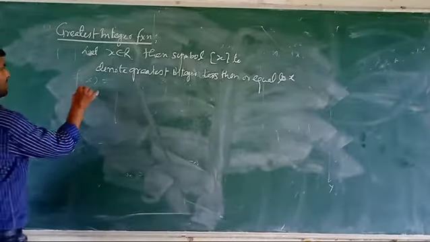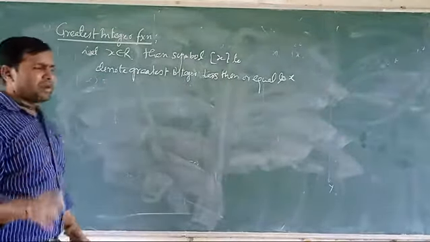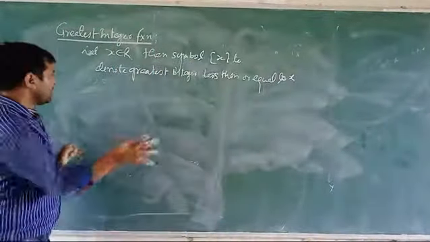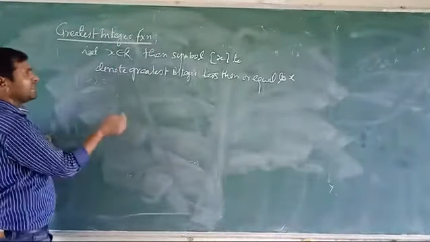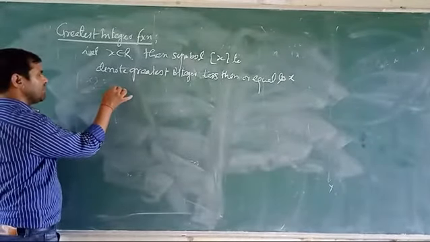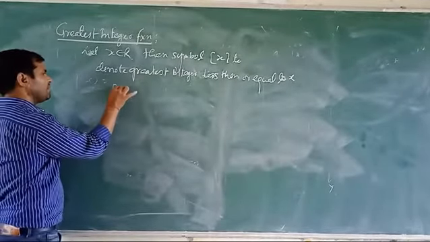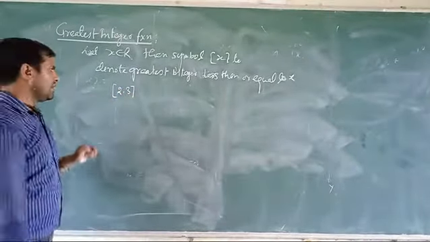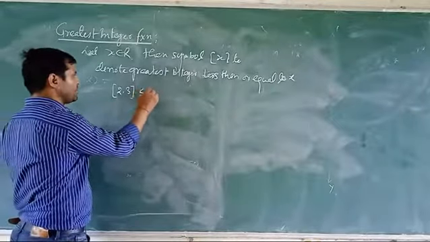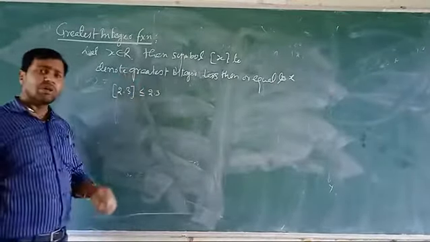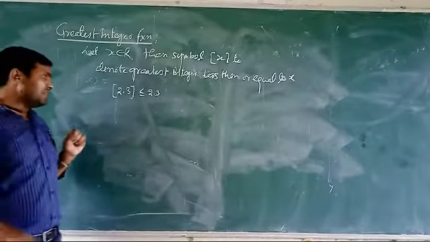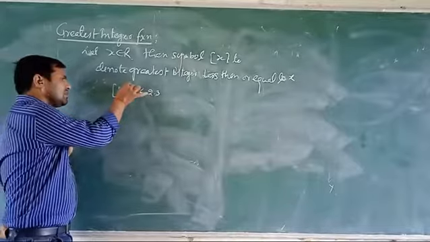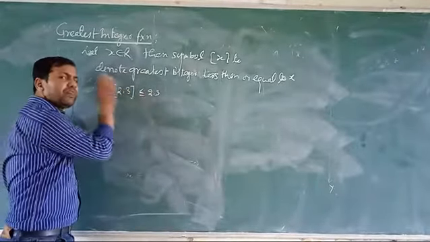It means, first of all, I am taking an example here. If you take the greatest integer of 2.3, what is the value of it? It is less than or equal to 2.3. Okay, this means we shall take the integral value less than 2.3.